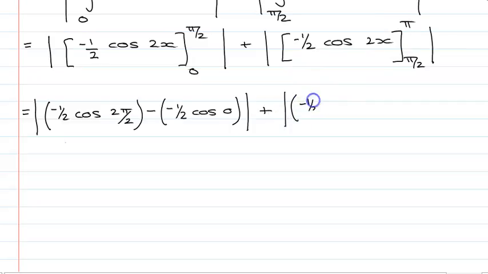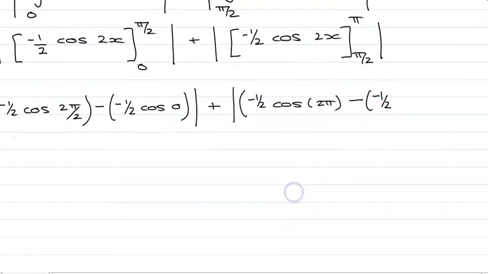So minus a half cos of 2 pi, minus, and now I'm going to substitute in pi upon 2. I'm not sure I'm going to fit this all in, so I'll just move across. Cos 2 pi over 2, in an absolute value.